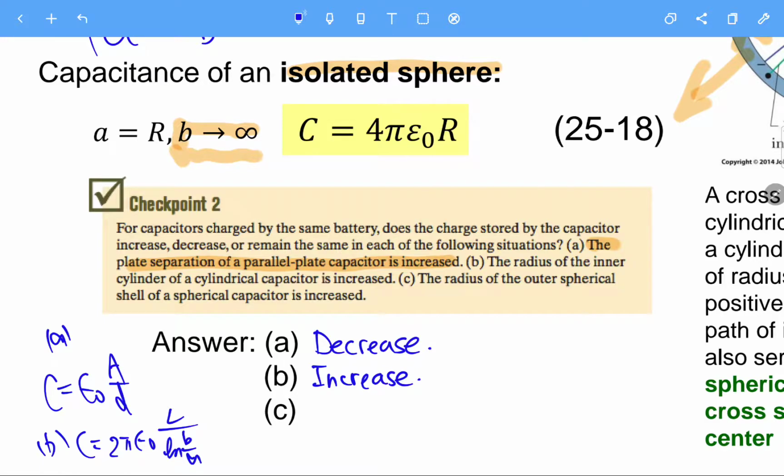For the third one, the radius of the outer spherical shell.